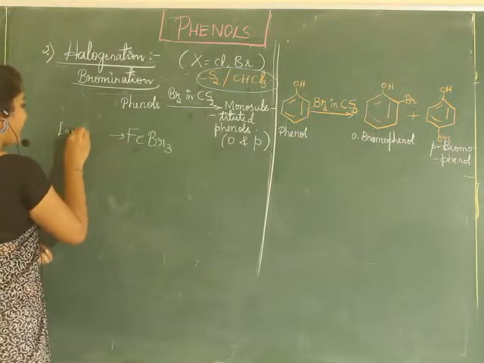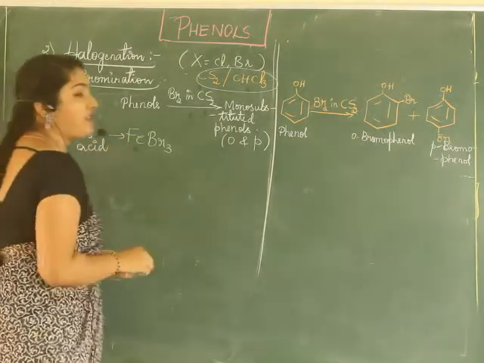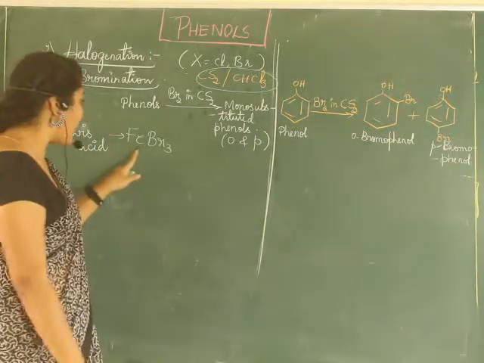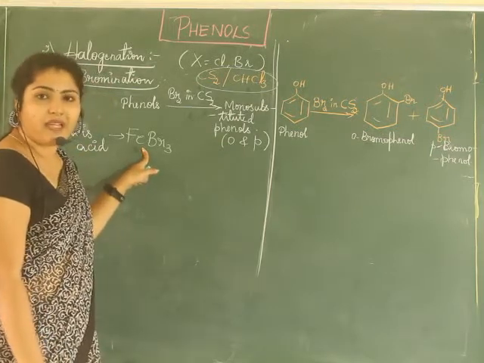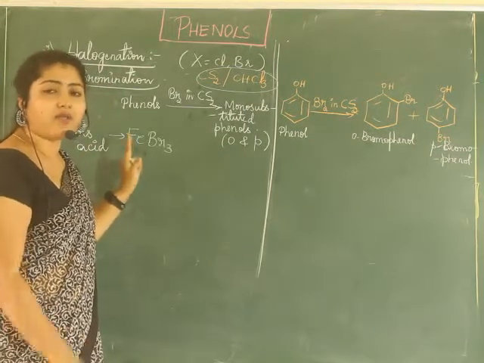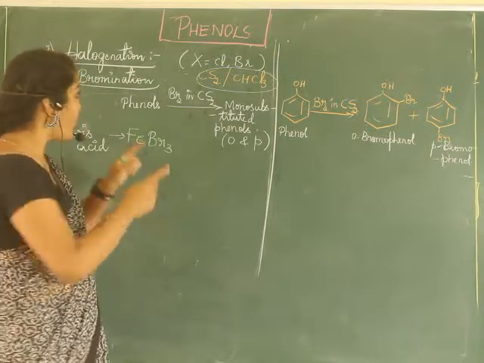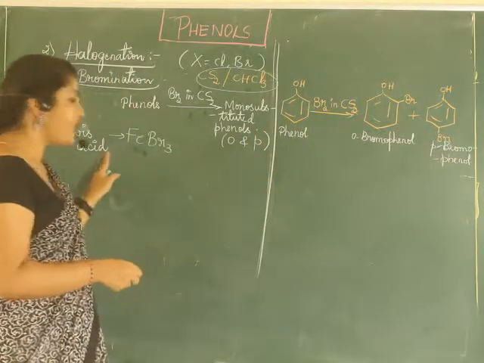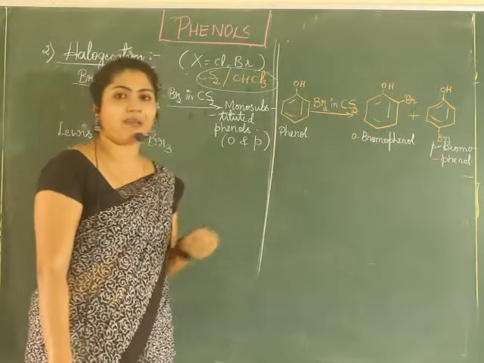In the case of benzene, the halogenation reaction generally takes place in the presence of a Lewis acid, that is FeBr3. We use it because we want to polarize the aromatic ring. For that reason, we take a Lewis acid.